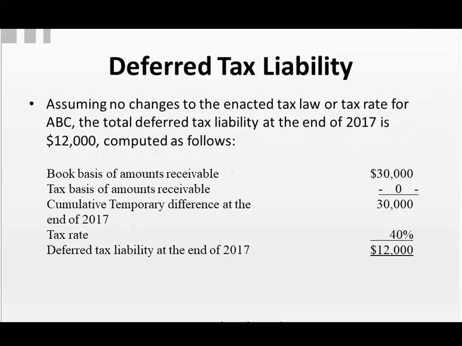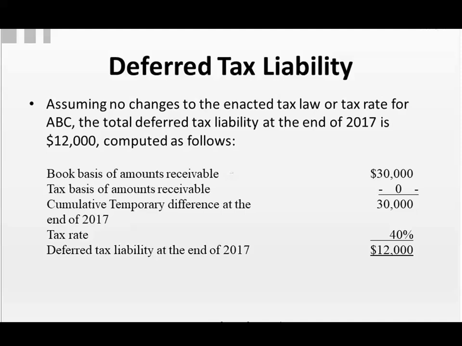So, assuming no changes to the enacted tax laws or tax rates, for the future, the total deferred liability at the end of '17 is $12,000. We already know $16,000 is the current taxes payable. Well, the $30,000 receivable, we had none in the beginning, $30,000 at the end, so the cumulative temporary difference change is $30,000 at 40% rate, assuming no changes, is $12,000. So we'll have a $16,000 current taxes payable and a $12,000 deferred taxes payable.